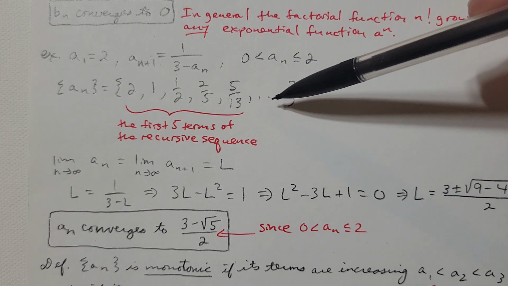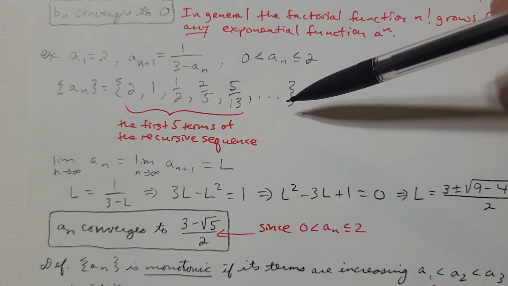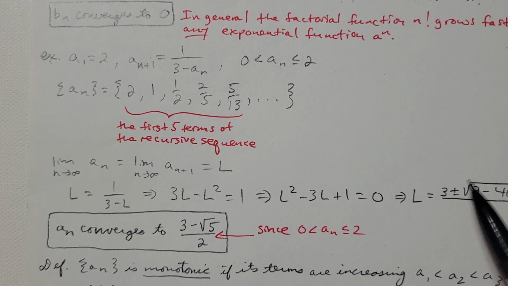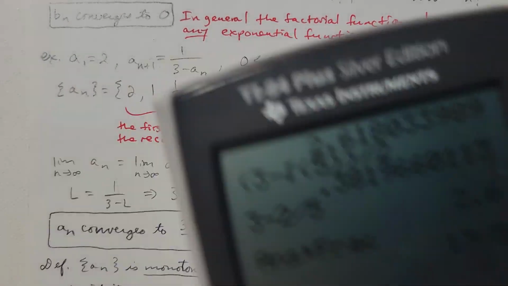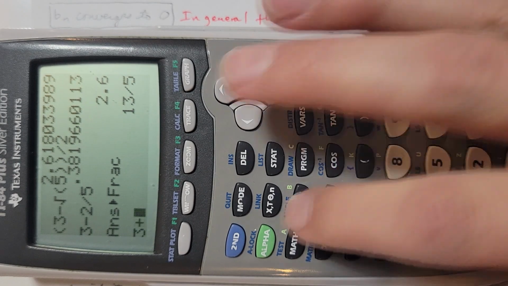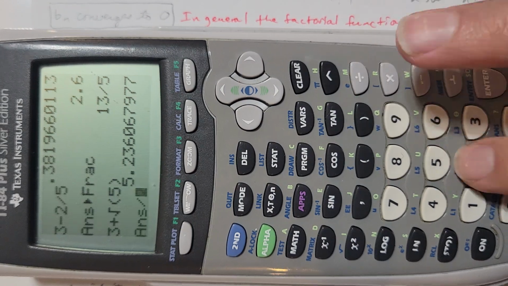We can see that from the terms that we have listed. And of course, I've got an infinite sequence, so I've got the dot, dot, dot there. Well, let's see. If I type this into the calculator, I got 3 plus the square root of 5 divided by 2.